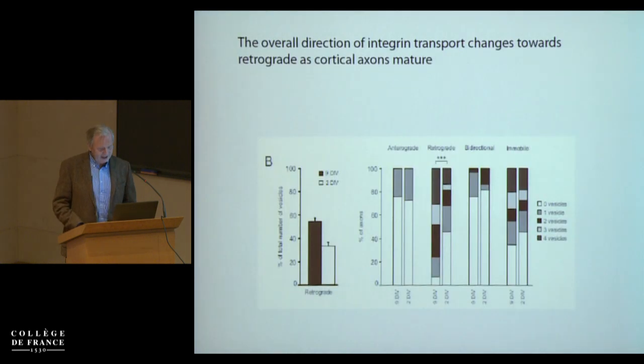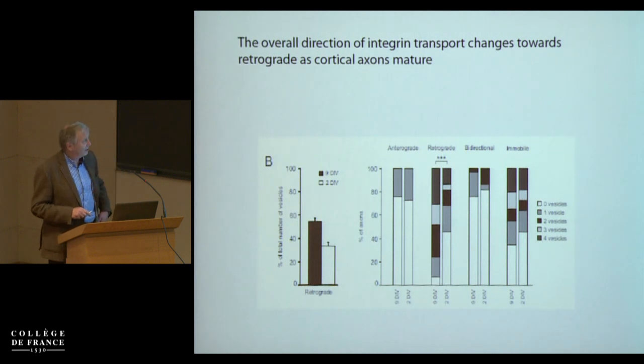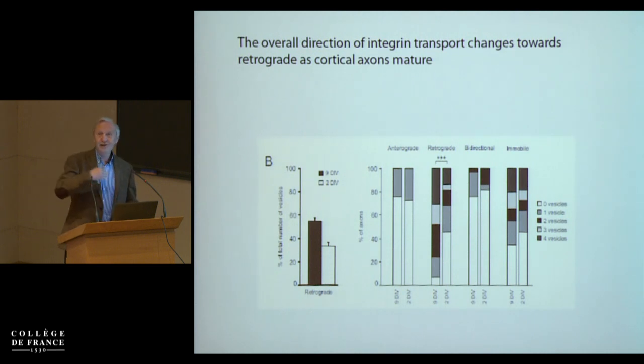Now, what we see as the axon matures is a change in the overall directionality of transport. So in young neurons, we see more or less an equal amount of anterograde and retrograde transport, but as the neuron matures, the retrograde transport becomes predominant. And of course, if all the integrin is going retrogradely, the axon will empty, and eventually it will look as if the integrin is being excluded from the axon.